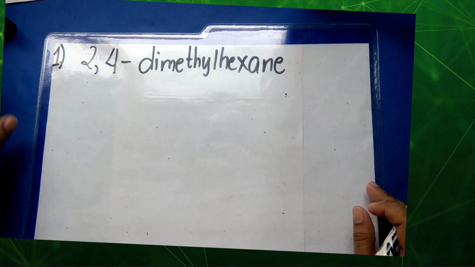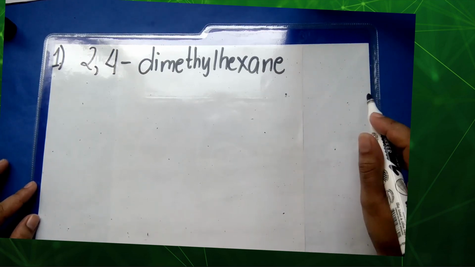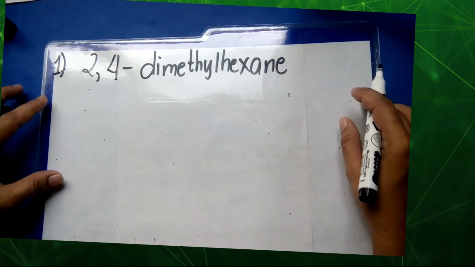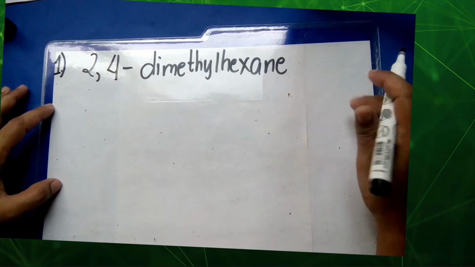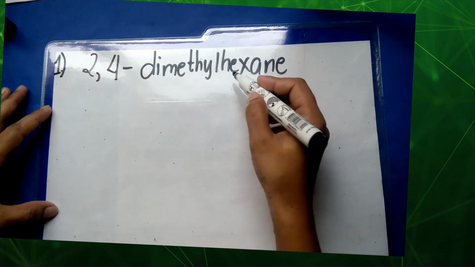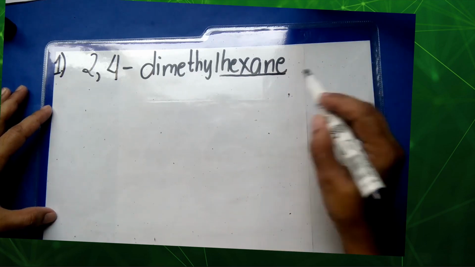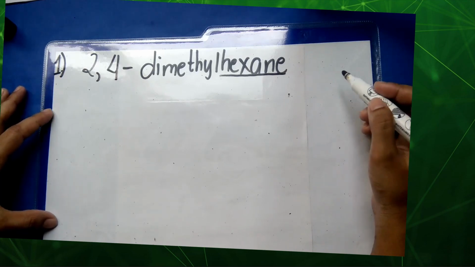So we are writing now, whereas earlier we were naming. This time, we do the reverse of what we did earlier. We will write the structure given the name of a branched chain alkane. So, what is the rule? First, of course, you look for the longest chain. Let us write the longest chain, hexane. So, remember, hexane contains 6 carbon atoms.